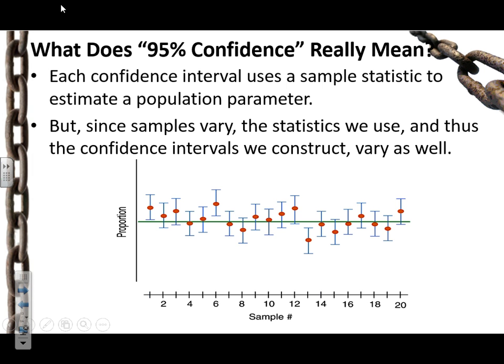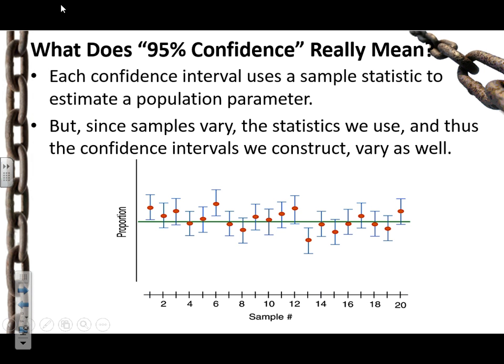Okay? So, when we say we're 95% confident, what that means is if we were to create every possible confidence interval, so if we collected every possible sample of a certain size and calculated the confidence interval associated with that, 95% of the intervals we create will capture the true proportion. In this graphic, the green line represents the true proportion, or the true mean.